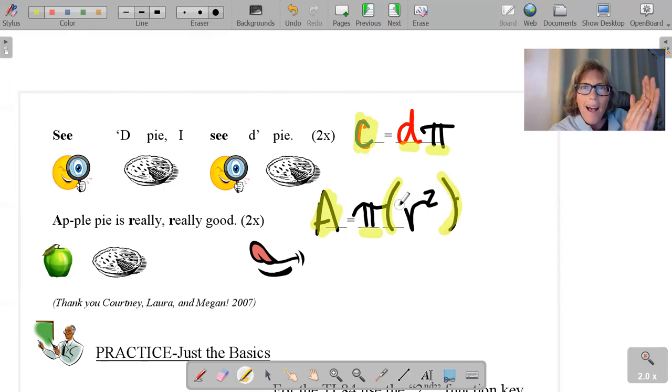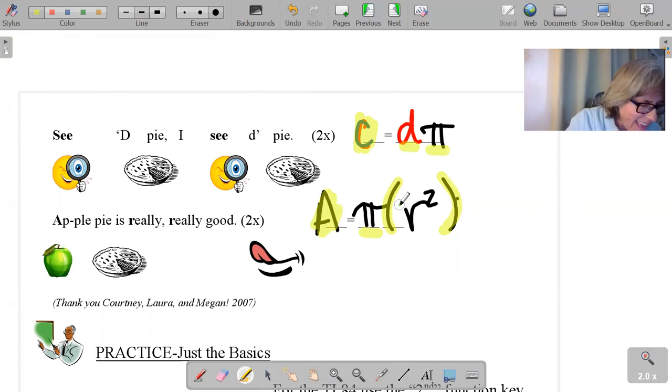C d pi, I c d pi. Apple pie is really, really good. C d pi, I c d pi. Apple pie is really, really good.